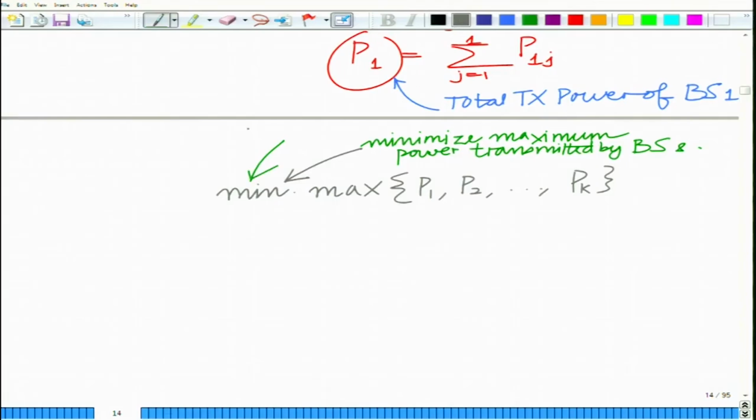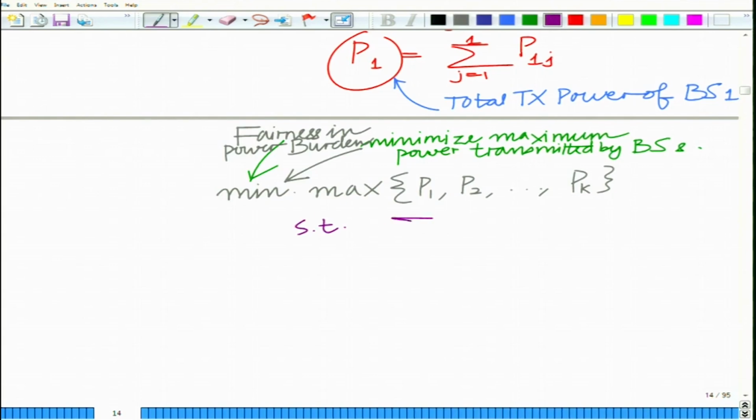So, this is an important property of such problems. The minimax criterion basically ensures fairness in the power burden or the power distribution, minimizes the maximum power, and subject to the constraints are there as usual.